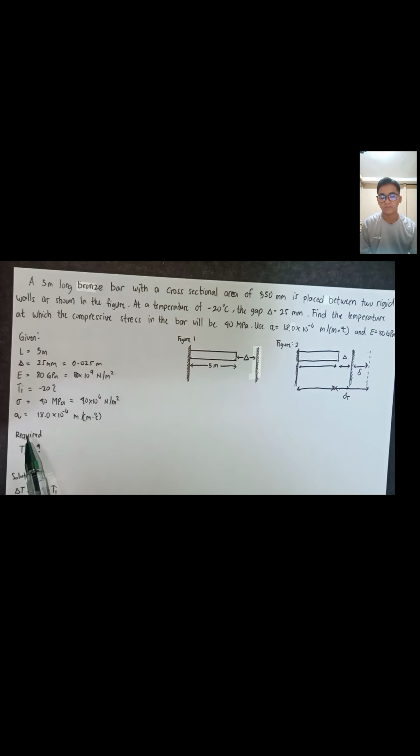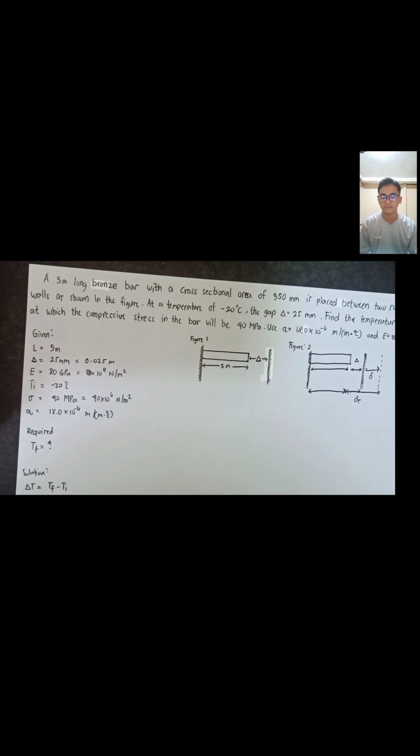Then, modulus of elasticity is equals to, convert na rin natin siya sa Newton per meter squared, and the initial temperature is -20 degrees Celsius. Then, for the compressive stress is 40 megapascal.